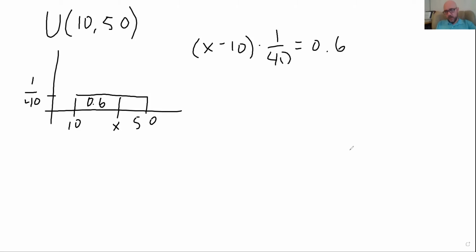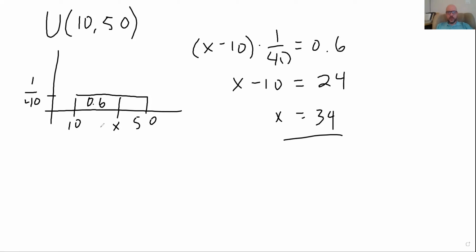So I might as well go ahead and solve this. It's probably easier to multiply the 40 on both sides first. So I get X minus 10 equals 40 times 0.6, which is 24. Then I add 10, so X is 34. If it was 0 to 40, then the 60th percentile would be 24.